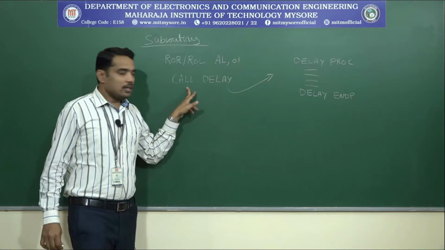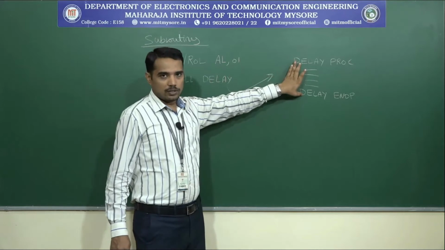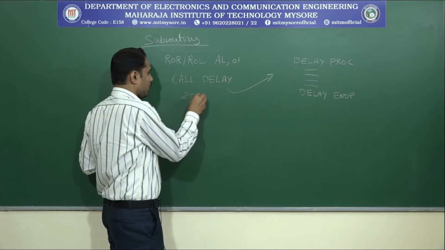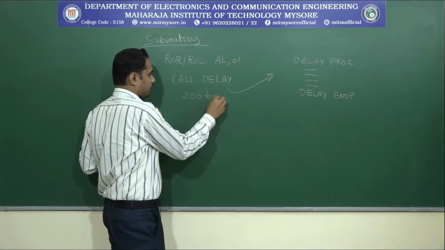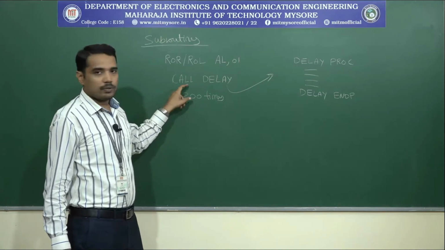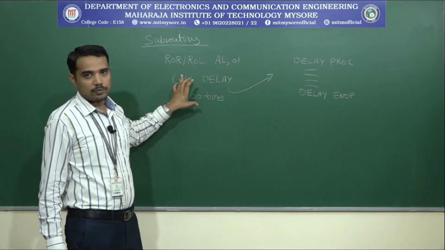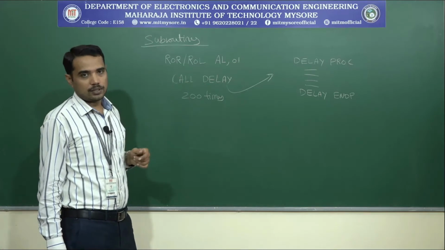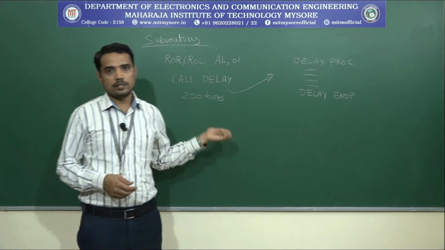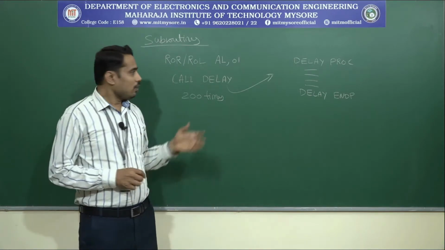Here we can see that by writing the delay program once, we can use it 200 times or n number of times. Otherwise, the delay program would be replaced in the main program 200 times, thereby increasing the memory requirement and slowing down the speed of operation.